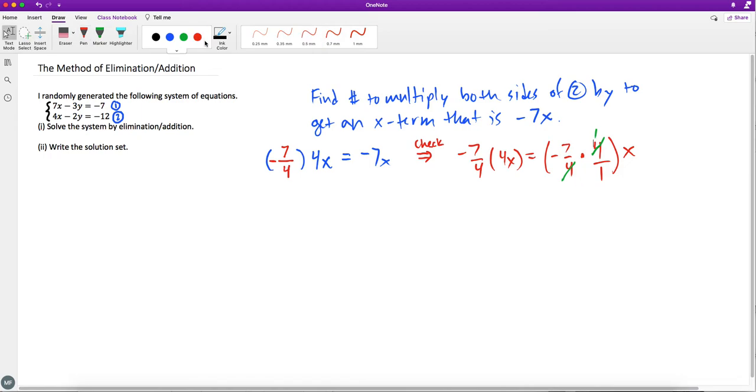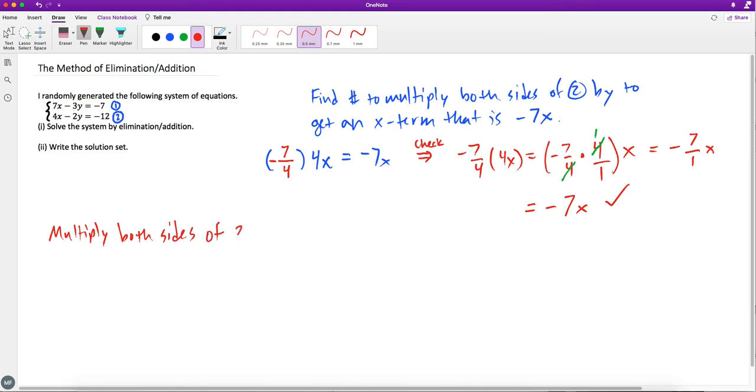And so we end up with negative 7 times 1 over 1 times 1, which is just negative 7x, which is what we want. Okay, so that means I'm going to multiply both sides of equation 2 by negative 7 fourths.